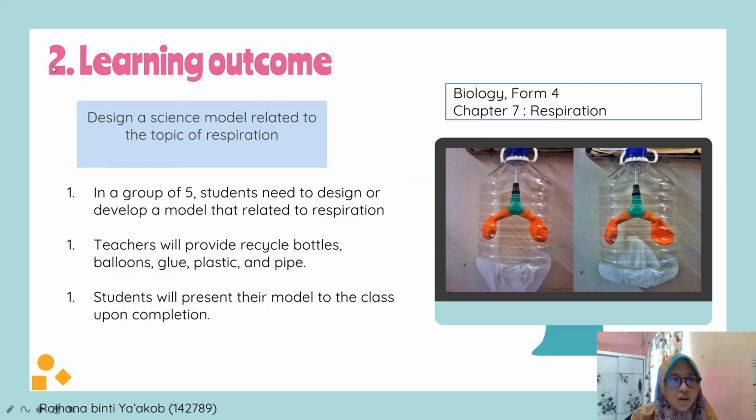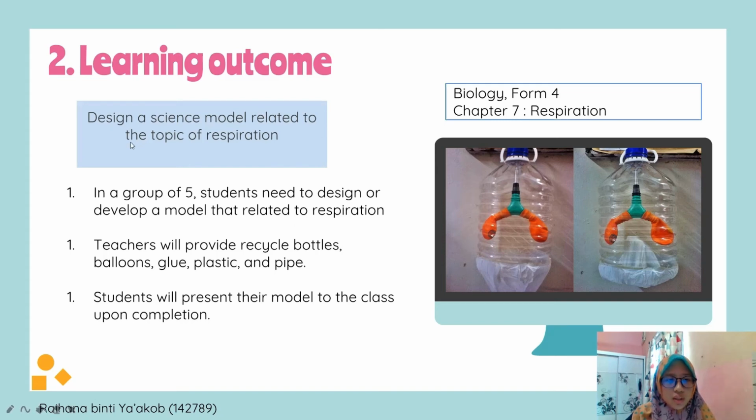For the second learning outcome, based on the performance assessment method, students need to design a science model related to the topic of respiration. This topic is taken from Biology Form 4, Chapter 7, Respiration.